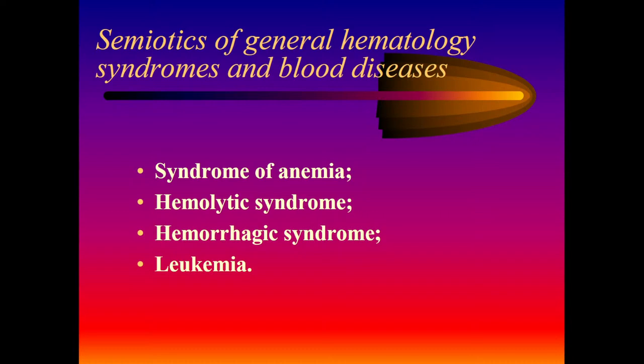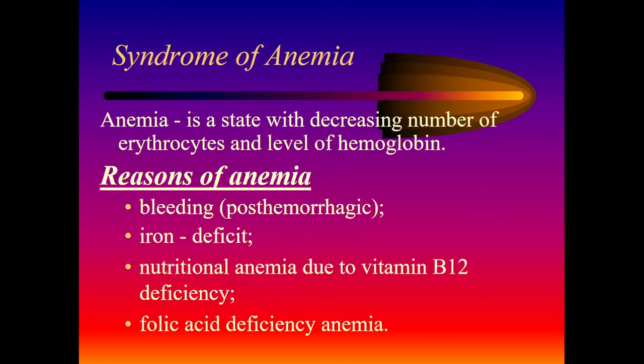Semiotics of general hematology syndromes and blood diseases. Main general hematological syndromes include syndrome of anemia, hemolytic syndrome, hemorrhagic syndrome, and leukemia. Syndrome of anemia. Anemia is a state with decreasing number of erythrocytes and level of hemoglobin.